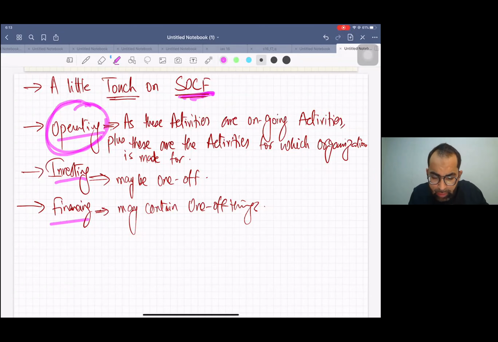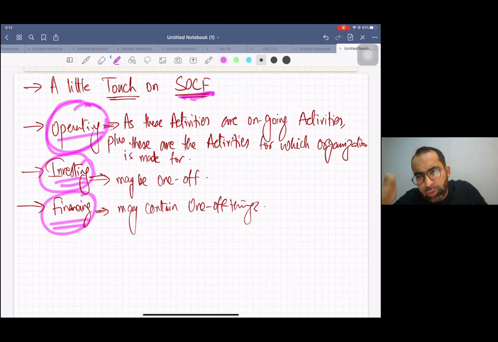But investing and financing may be one-off activities. For example, if you bought a big factory this year, there will be a big outflow in investing activities. Shareholders won't mind the negative cash flow of investing activities, because they are one-off.